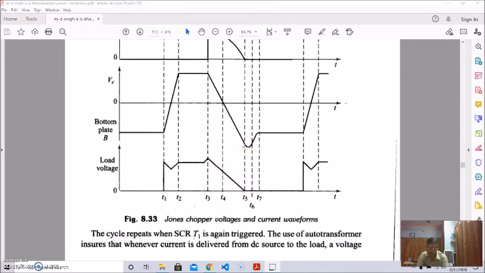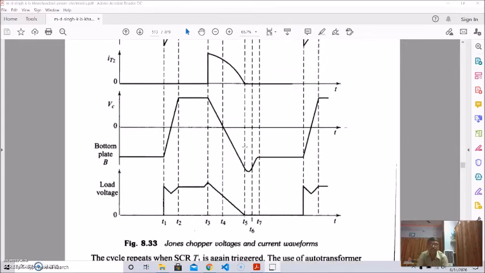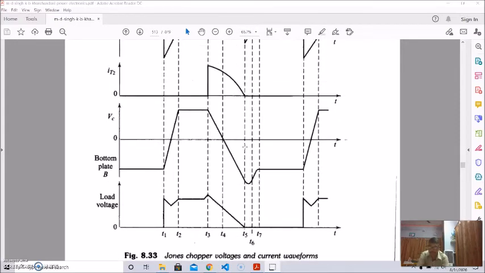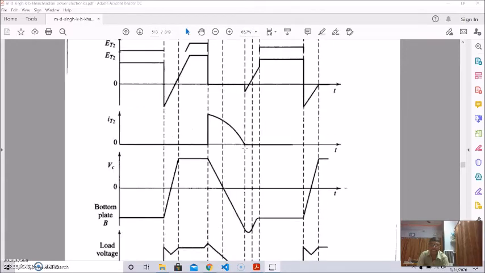Since at T5 the capacitor is charged to a value greater than EDC, diode D1 is again forward biased.